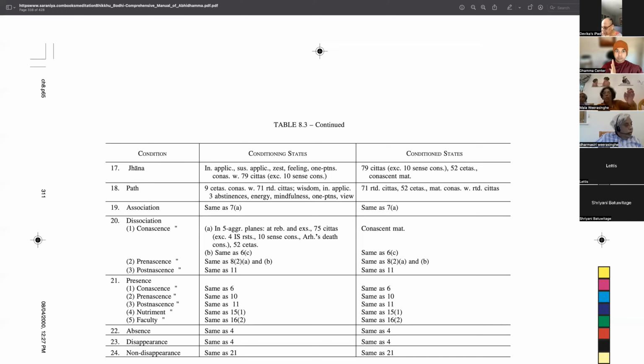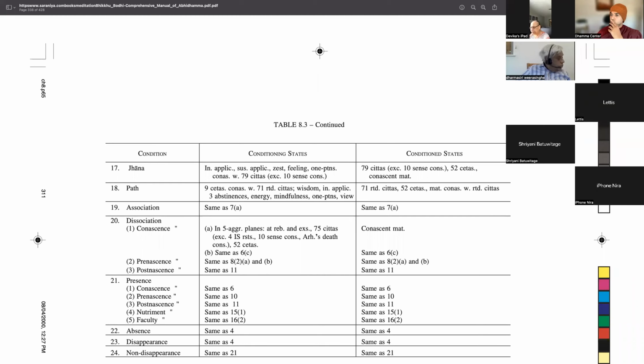We have resonance. Yes. Okay. Can we say, take for example, Kusala Dhamma, right?